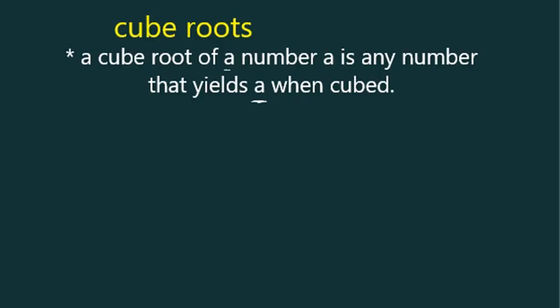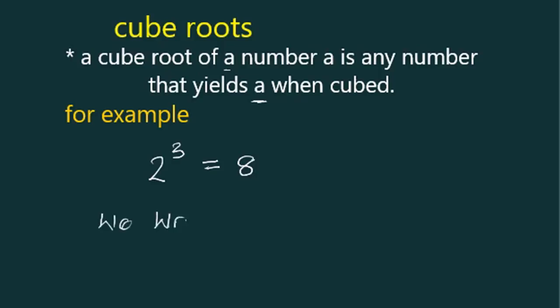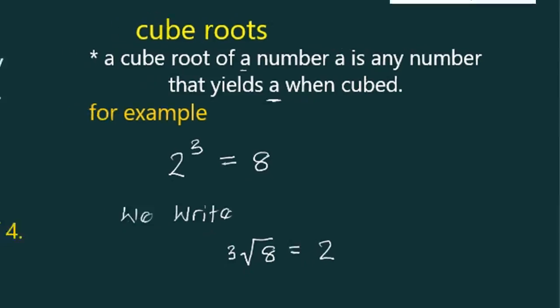For example, if we find the cube of 2, that is 2 cubed, we know that we get 8, because 2 cubed is 2 times 2 times 2, so that will give us 8. So we can write the cube root of 8 is equal to 2.